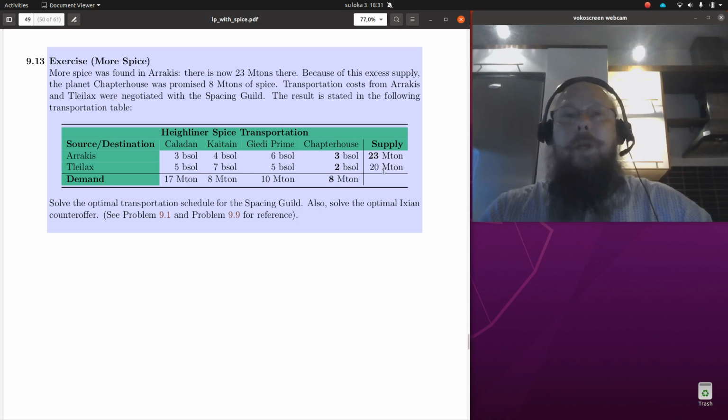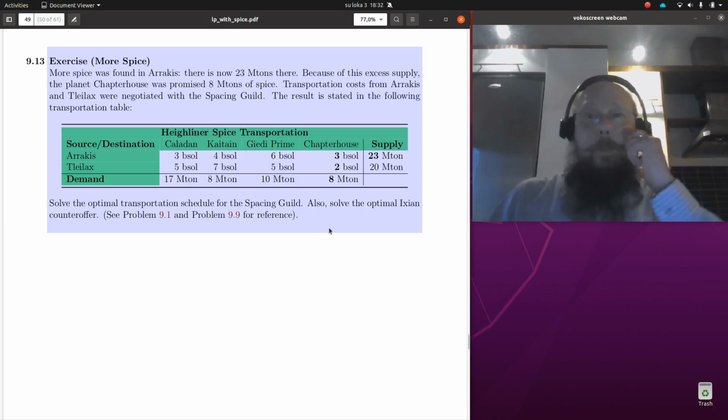So 23 plus 20, which is 43. I hope that it's the same number as here. And these are the costs negotiated with the Spacing Guild. From Arrakis to Chapter House is 3 billion Solaris per megaton, and from Tleilax to Chapter House it will be 5 billion per megaton.